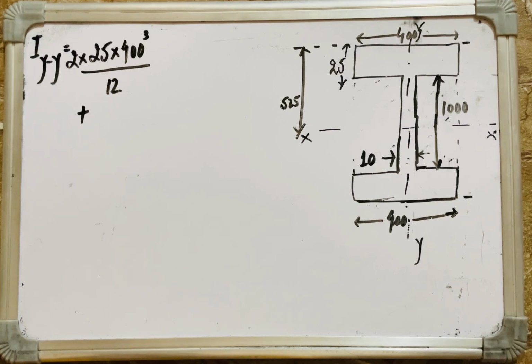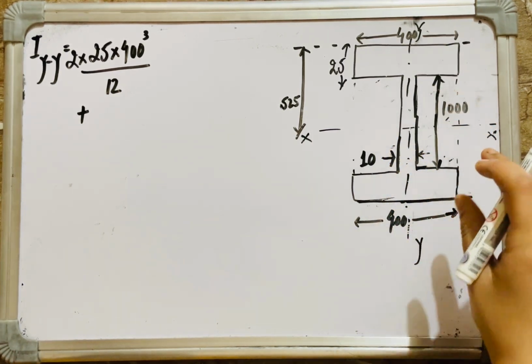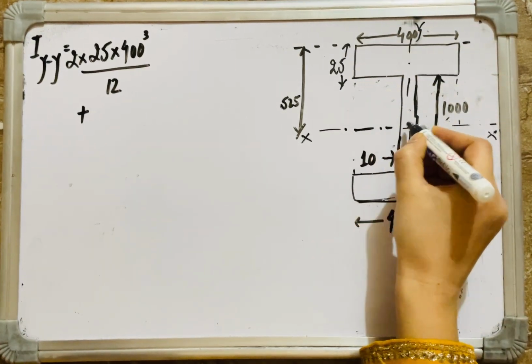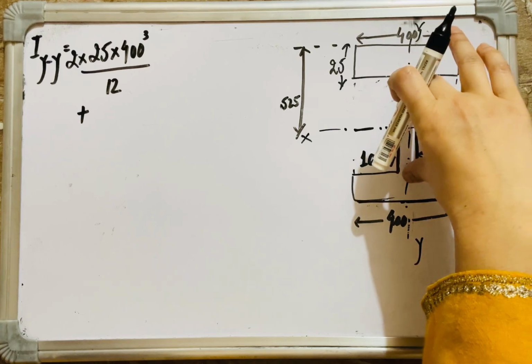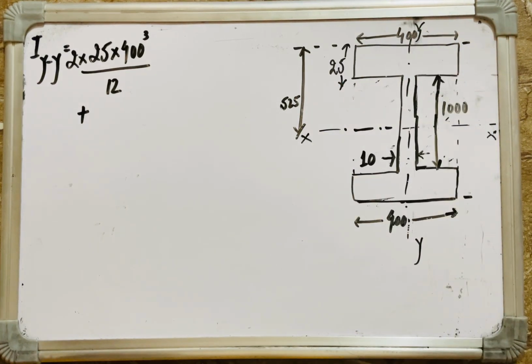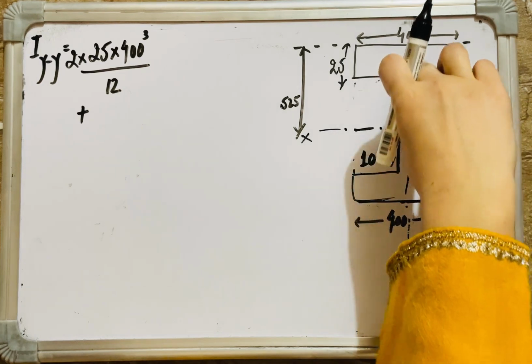Now let's calculate about the y axis of this web section. This is the y axis, and this is the web rectangle. Now tell me, what is the moment of inertia for the y axis?